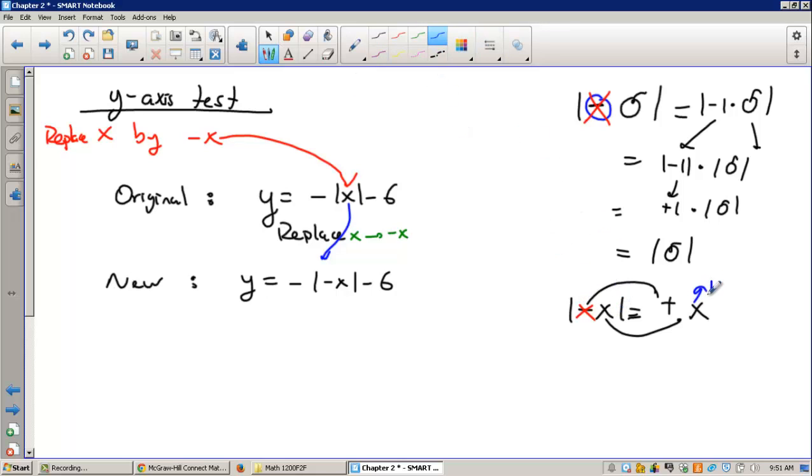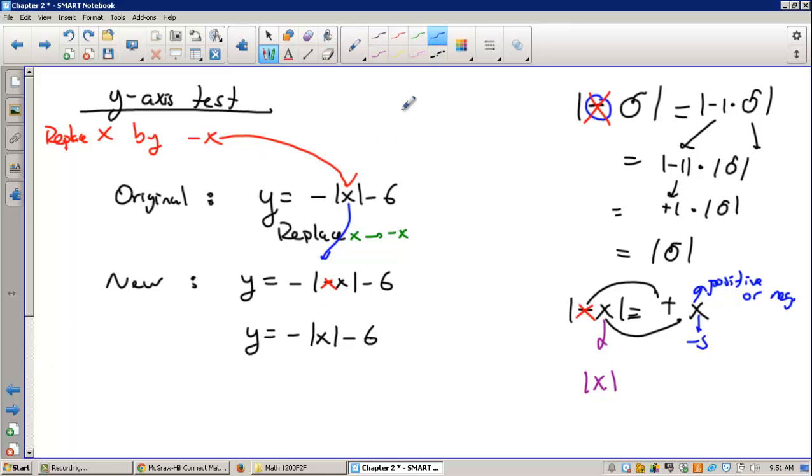Because we don't know if this is positive or negative. Do you know the value of x? Maybe it's negative 5. What if this x was negative 5? Then the answer would be negative 5. Can you get a negative answer out of an absolute value? No. So the only thing you can do is wipe off the negatives inside the absolute value, but still x must be present with those two vertical bars, the absolute value signs. So we can wipe this off and get minus absolute x minus 6.